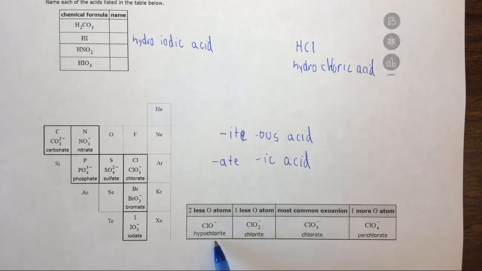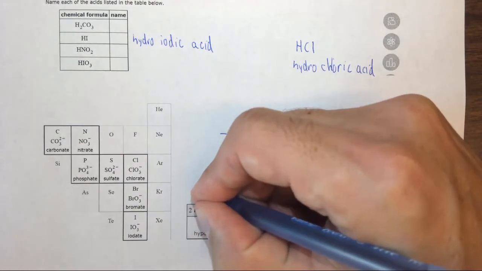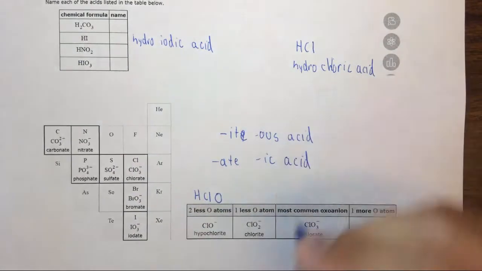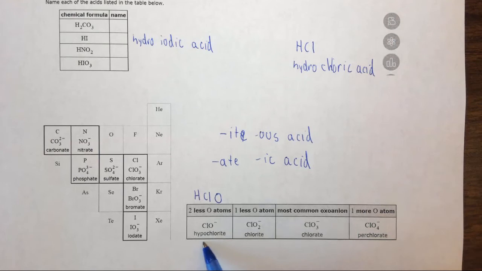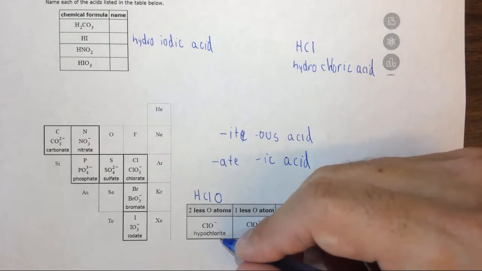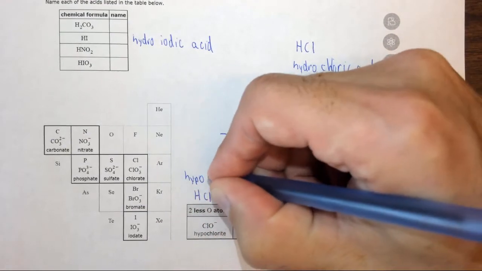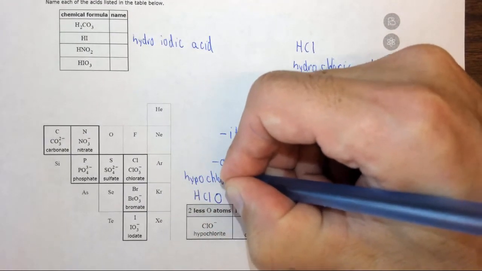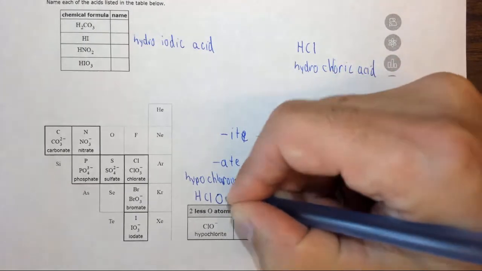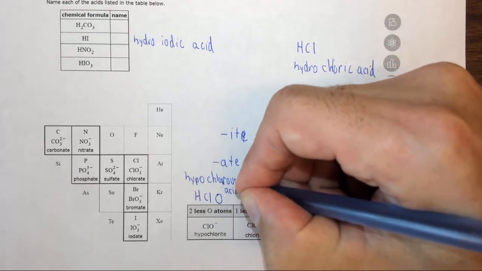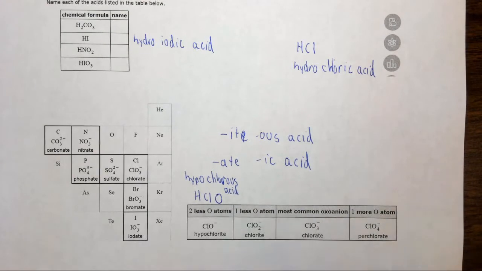Here we have hypochlorite. So if we had HClO, which is from the hypochlorite oxyanion, since it ends in ite, this becomes hypochlorous acid. We leave the hypo, and since it ends in ite, we add OUS acid.